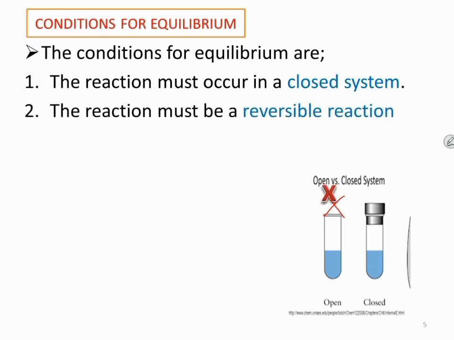Then two, the reaction must be a reversible one, because not all reactions are reversible. An example is acid reacting with base to form salt and water. That reaction is not a reversible reaction. So it has to be a reversible one.